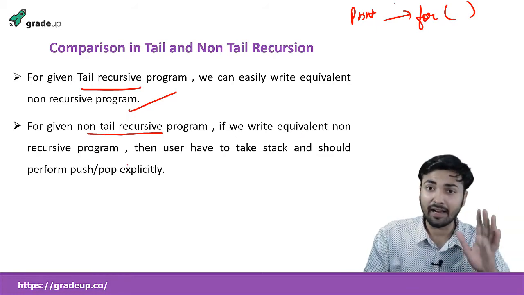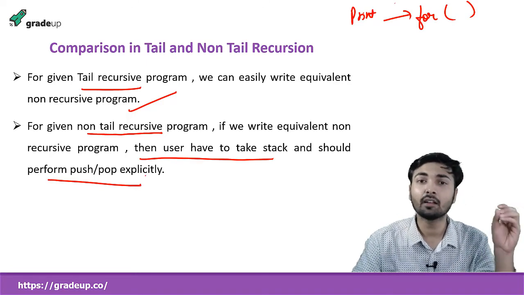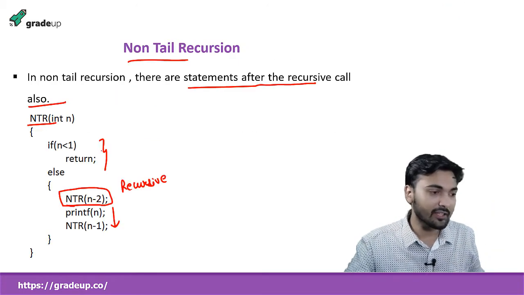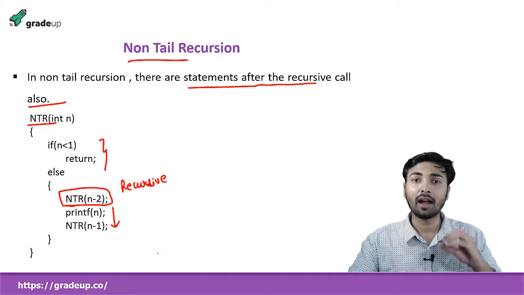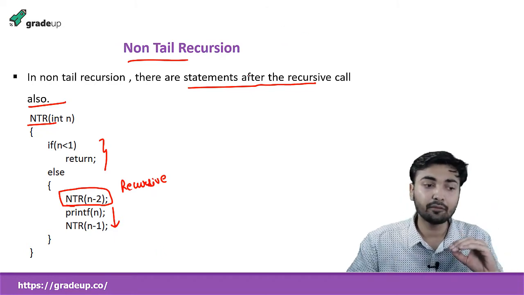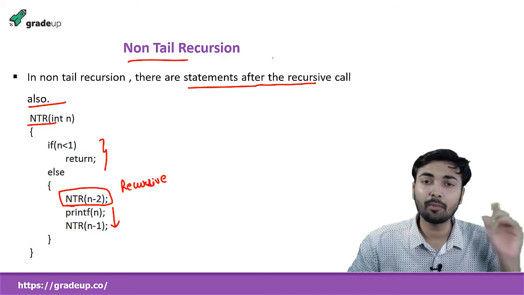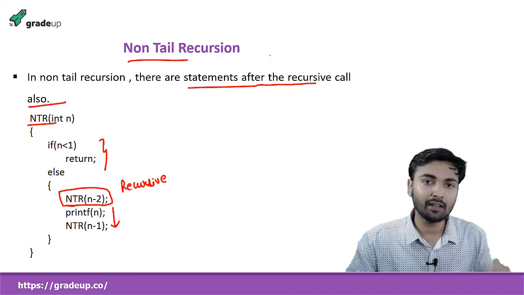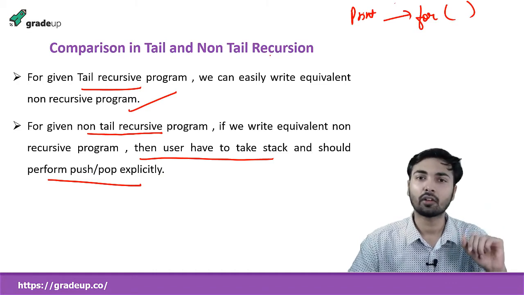If we try to write it, then the user has to take a stack and perform push and pop explicitly, right? In our previous program, if I try to write it non-recursively, I can write it, but I have to take a stack and push and pop operations must be done explicitly. Got it? So that is the comparison between tail and non-tail recursion.